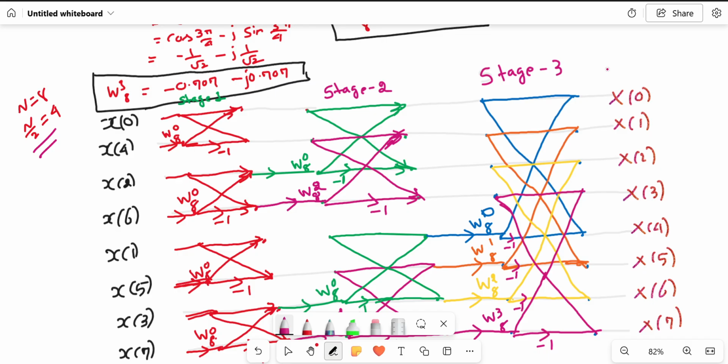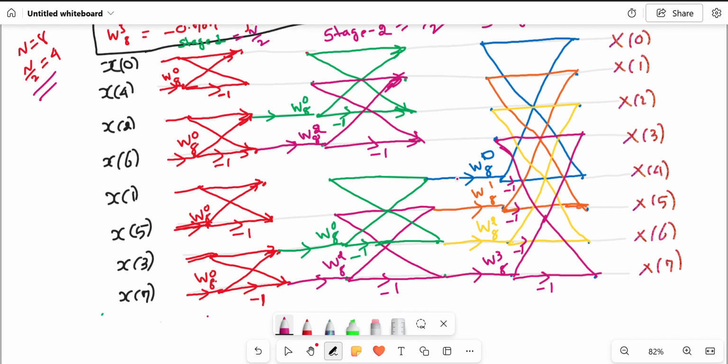N by 2 butterflies. Here also in stage 2 also, n by 2, 4 butterflies. Here also in stage 1 also, n by 2 butterflies. Okay. This is the structure of 8-point decimation in time FFT algorithm.